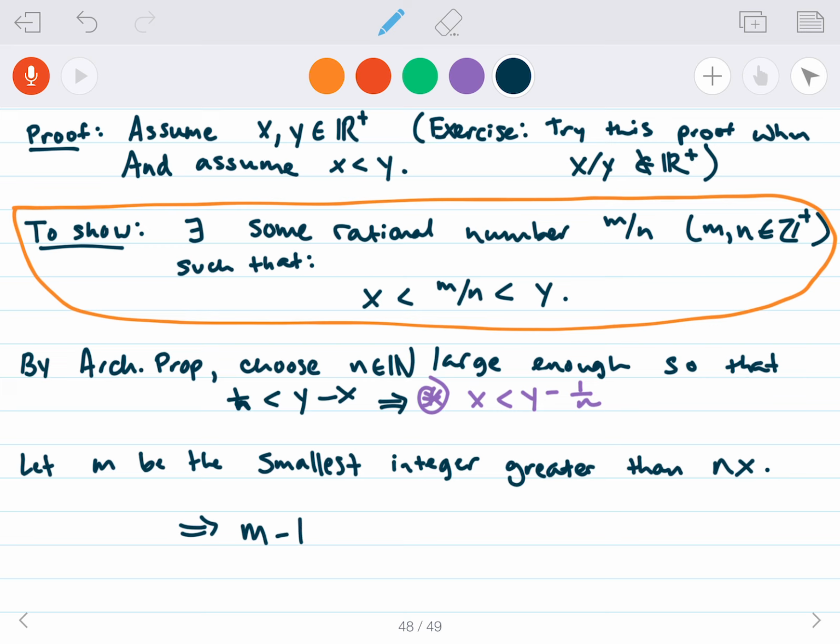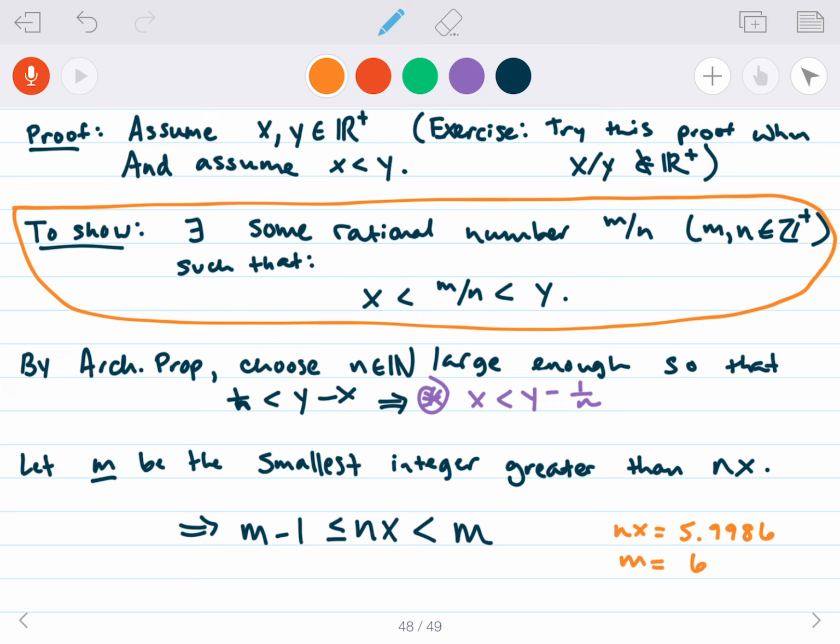We have that m minus 1, which is an integer, because m is an integer, is going to be less than or equal to nx, depending on if nx is an integer or not, and strictly less than m. So m is the smallest integer greater than nx. So like if, for instance, this is just scratch work, if nx is equal to the real number 5.9986, then your m would be 6.